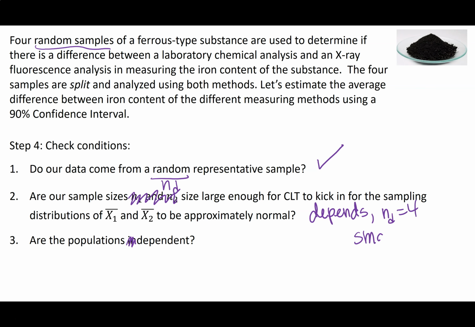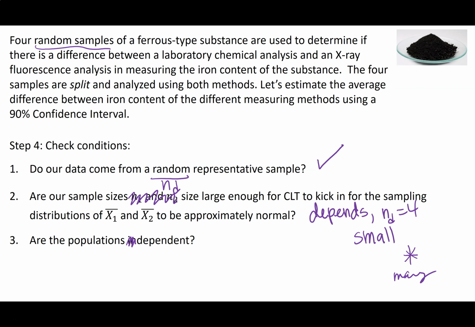It's very small. So it's going to be really, really difficult, quite honestly, to say whether or not these are normally distributed with a sample of only 4. Definitely far from ideal. This is probably worth an asterisk at the end, like we may not have the central limit theorem kick in.